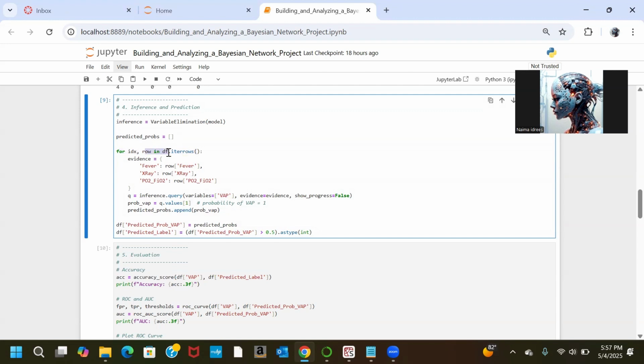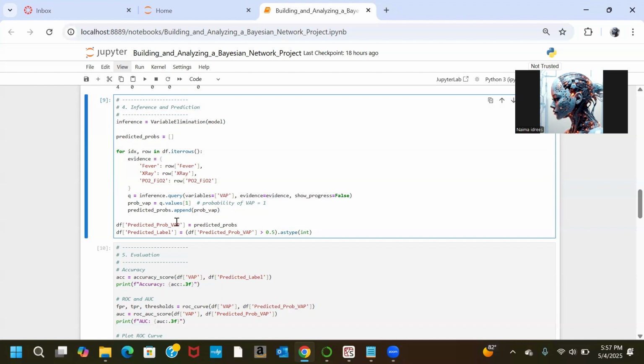So for each patient, you are collecting the observed symptoms as evidence. You can see here that this line demonstrates VAP equals 1 given evidence. This demonstrates how likely this patient has ventilator associated pneumonia given the symptoms, and this will also store all the predictions to the data frame.